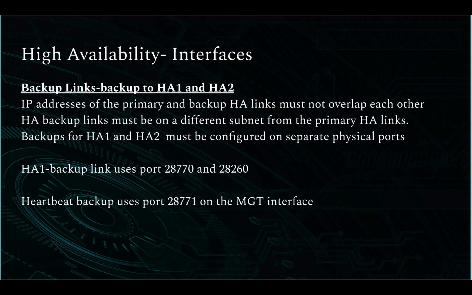I want to circle back here on our backup links for HA1 and HA2. We have a few rules for this. Specifically, the IP addresses of the primary and backup HA links must not overlap each other, and they have to be in different subnets from the primary HA links. They also, for the backups, have to be configured on separate physical ports.